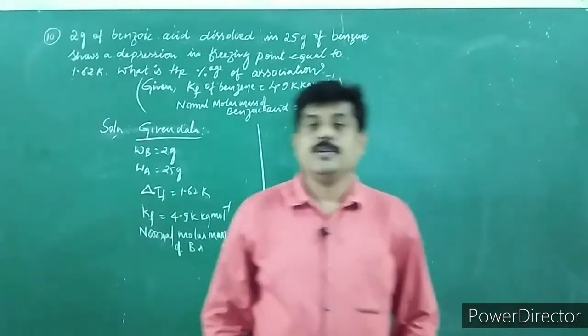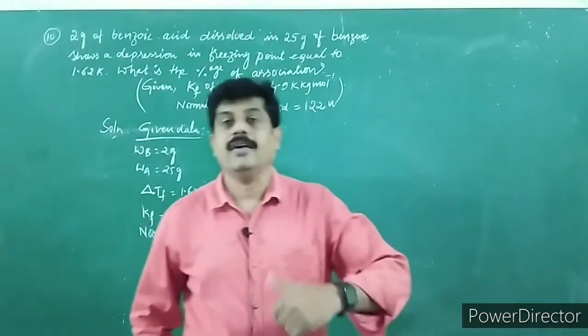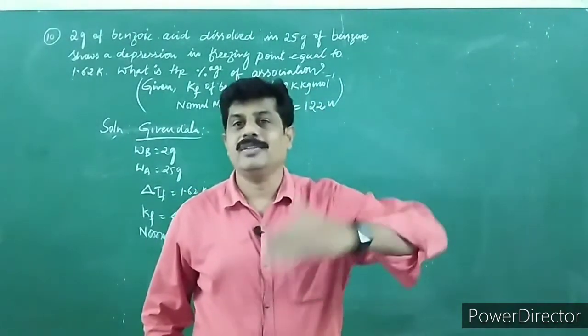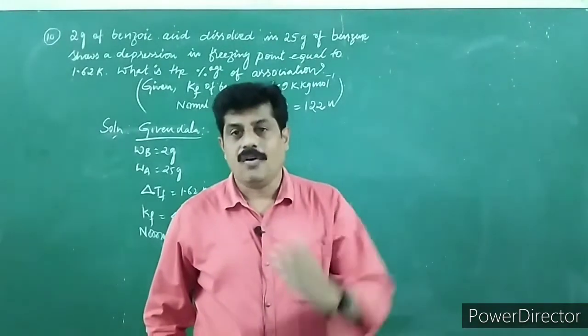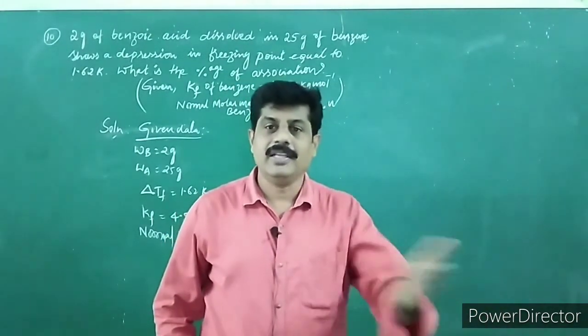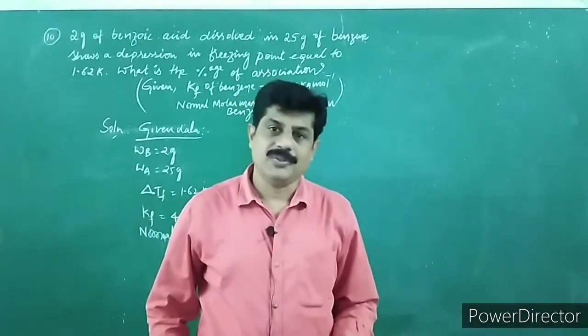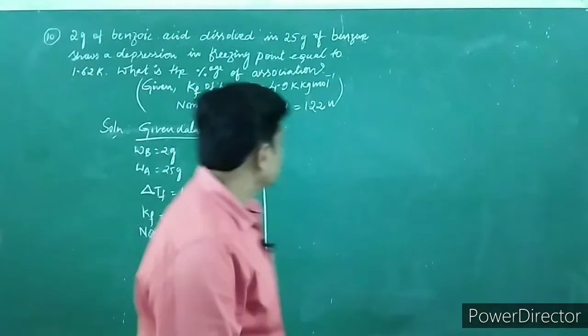I said in order to solve for the percentage of association, you need to have what? The observed molar mass. Once you find the observed molar mass, later you have to go for the Van't Hoff factor. After getting the Van't Hoff factor, only then can you proceed to find the percentage of association of benzoic acid in benzene.